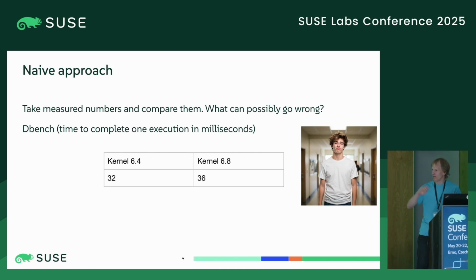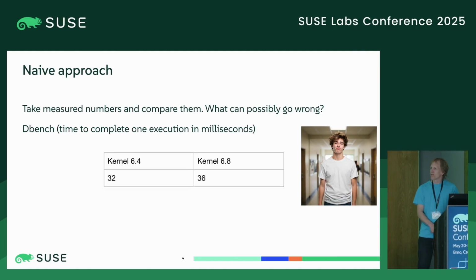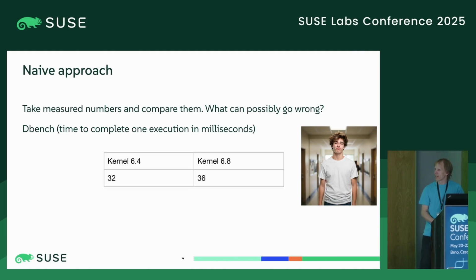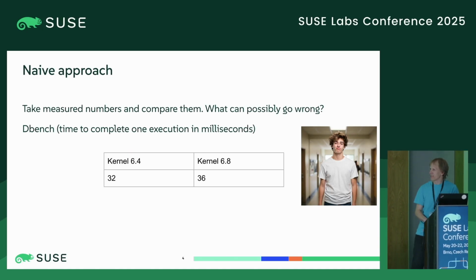For example, you have dbench completion times with the 6.4 kernel and the 6.8 kernel. You got 32 with your try on the 6.4 kernel and 36 on the 6.8 kernel. So it seems from this that the 6.8 kernel is just slower.